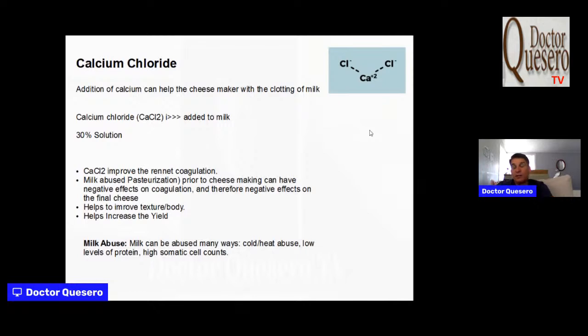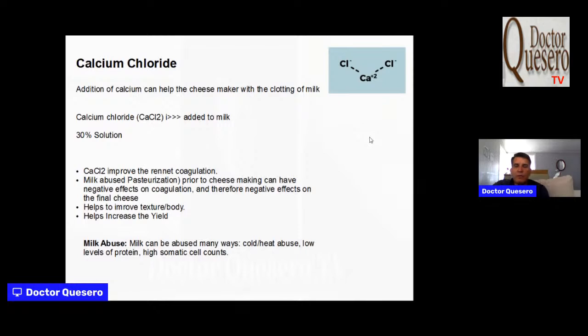So, what does the calcium chloride do? Well, the calcium chloride improves the rennet coagulation. First, it improves the texture of the curd. You will get stronger curds by using calcium chloride. It also improves the coagulation of the rennet.